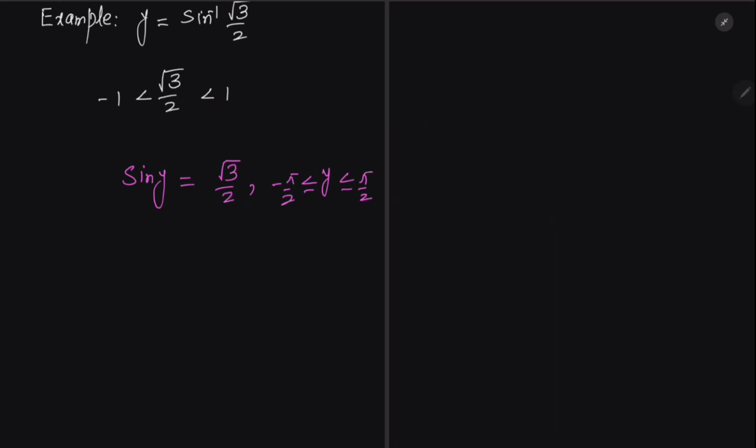So y will be equal to pi by 3, and as you know, pi by 3 falls in this interval, it belongs to minus pi by 2 to pi by 2. It should belong to this range. Okay, so that's how we define a sine inverse function, and that's how we find the value of a sine inverse function.